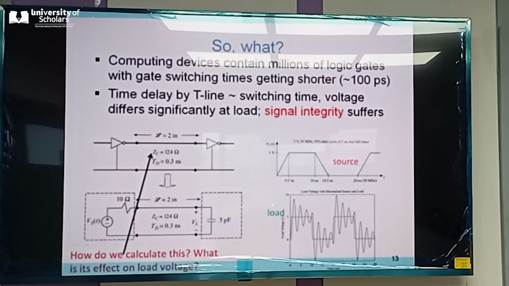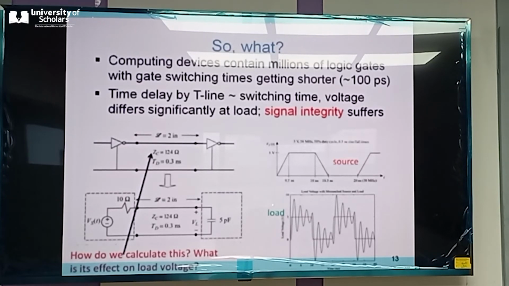Now, when you have different elements or logic gates connected together with such interconnects, if the delay of the interconnect is large, then the voltage at one logic gate will not be the same as the voltage at the other logic gate. It's common sense.